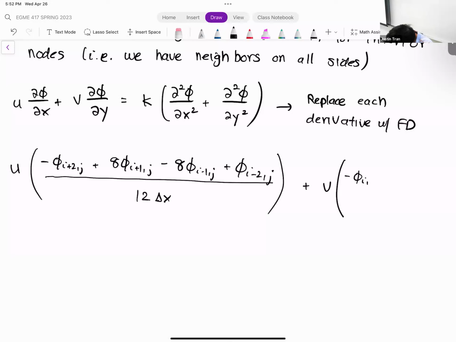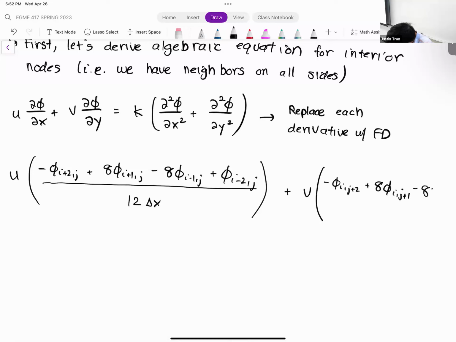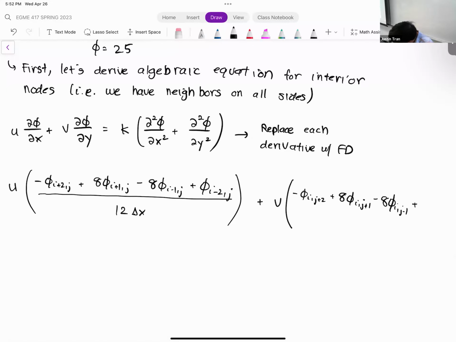We have minus phi i comma j plus 2 plus 8 phi i comma j plus 1 minus 8 phi i comma j minus 1 plus phi i comma j minus 2, all divided by 12 delta y.